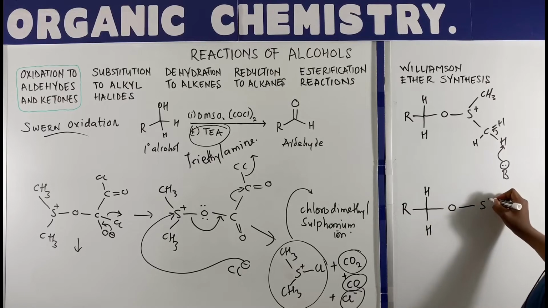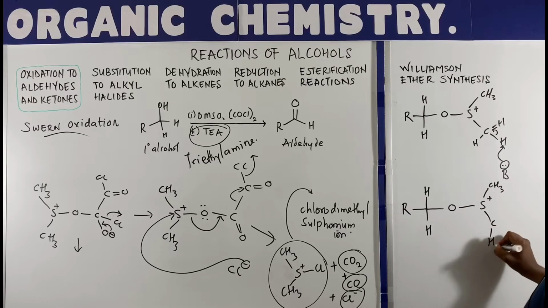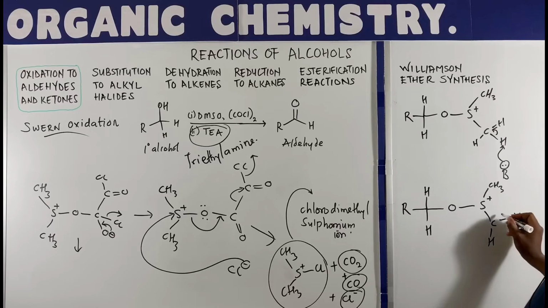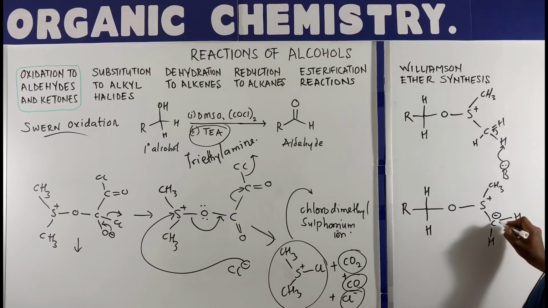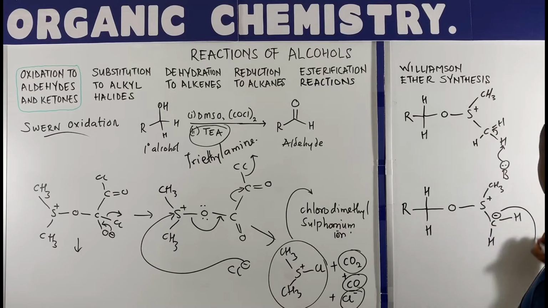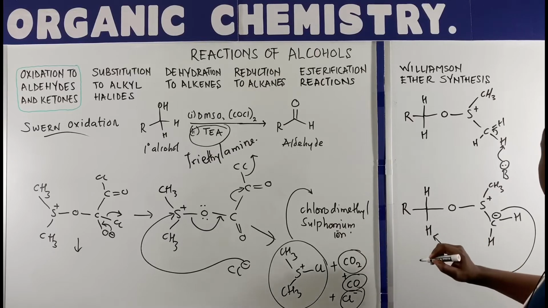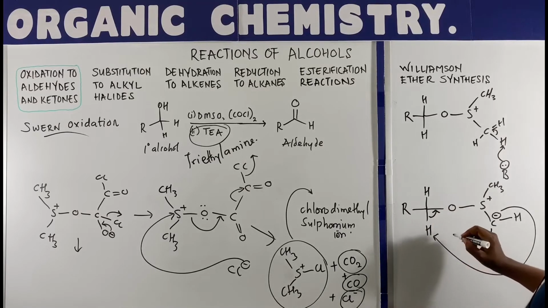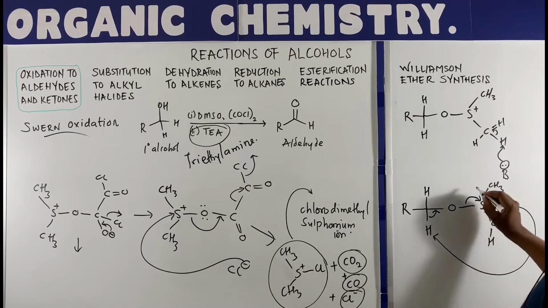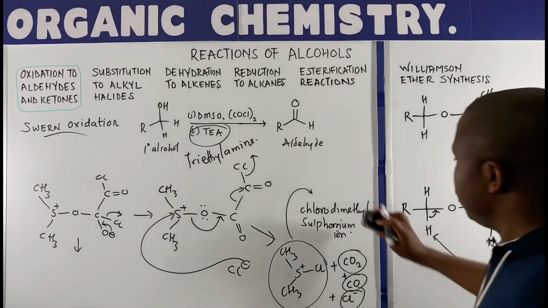S plus CH3 CH minus, and then this is going to basically pick up this proton, and this electron moves here and this moves here, so that we form our final product.